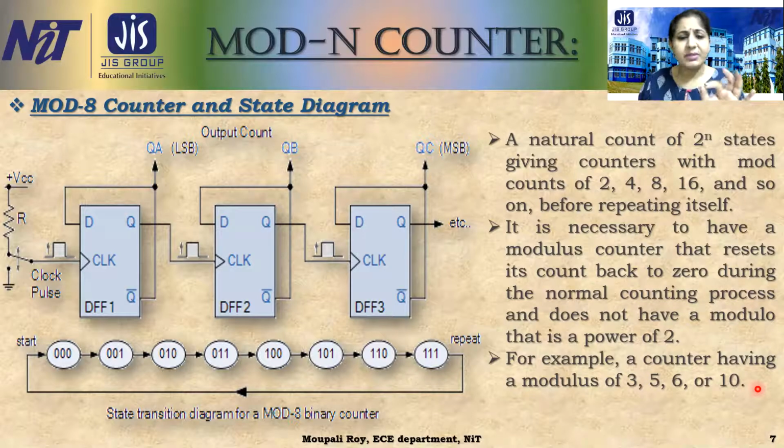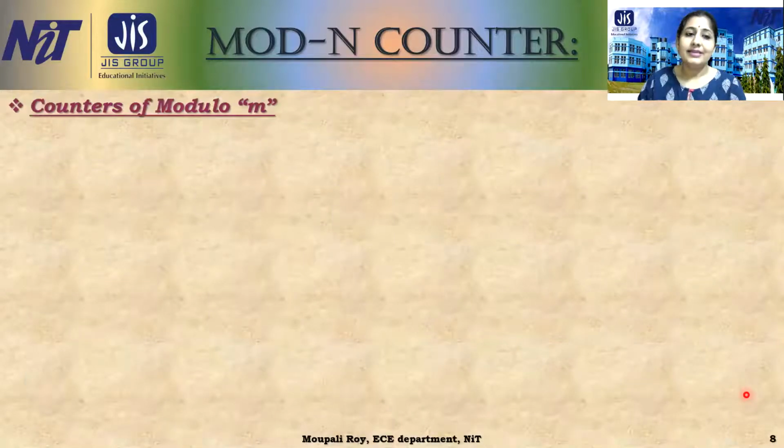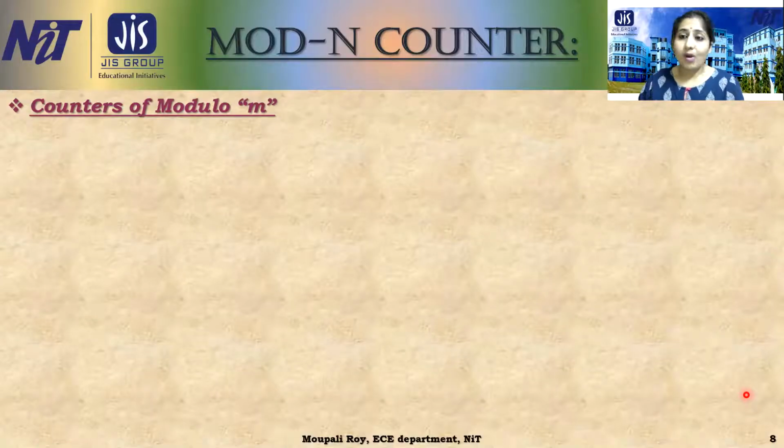Up to this, that means we want 1 1 1 1, then this repeats to 0 0 0 0. But if we want to count 3, 5, 6 or these numbers, that is not the representation of the 2 to the power n form, then what to do? Okay, then count of modulo m.